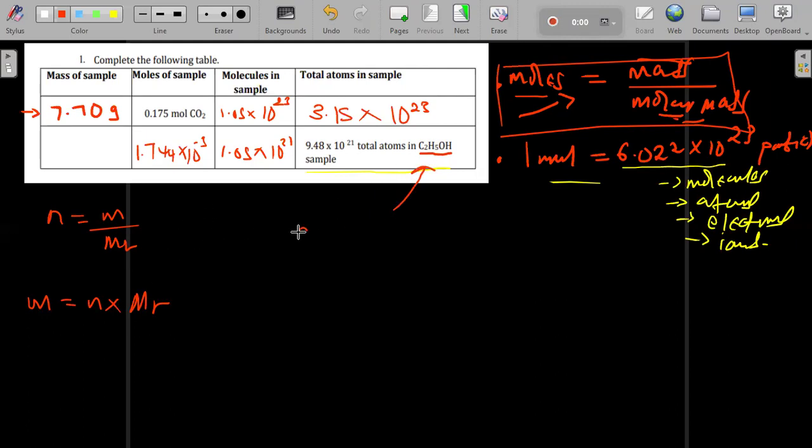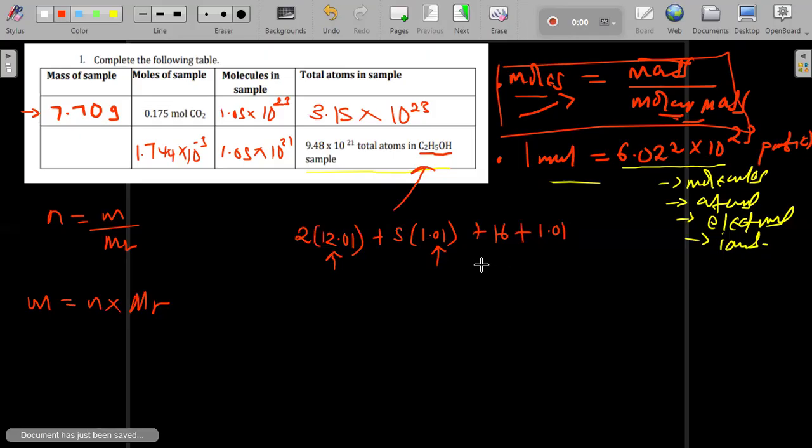So the molar mass will be 2 multiplied by 12.01. This 12.01 is the molar mass of carbon, you get it from the periodic table, plus 5 multiplied by 1.01. This is the molar mass of hydrogen, plus the molar mass of oxygen plus the molar mass of hydrogen, like that.